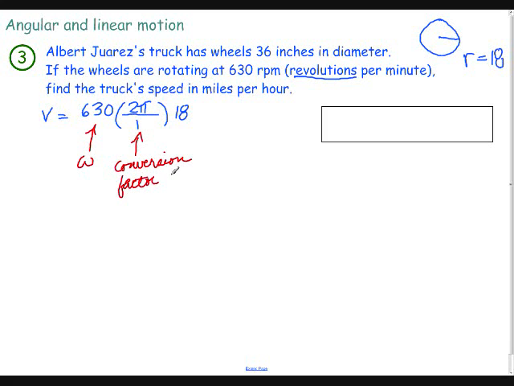And let's make it clear what we're doing, from revolutions to radians. And of course this is the radius.